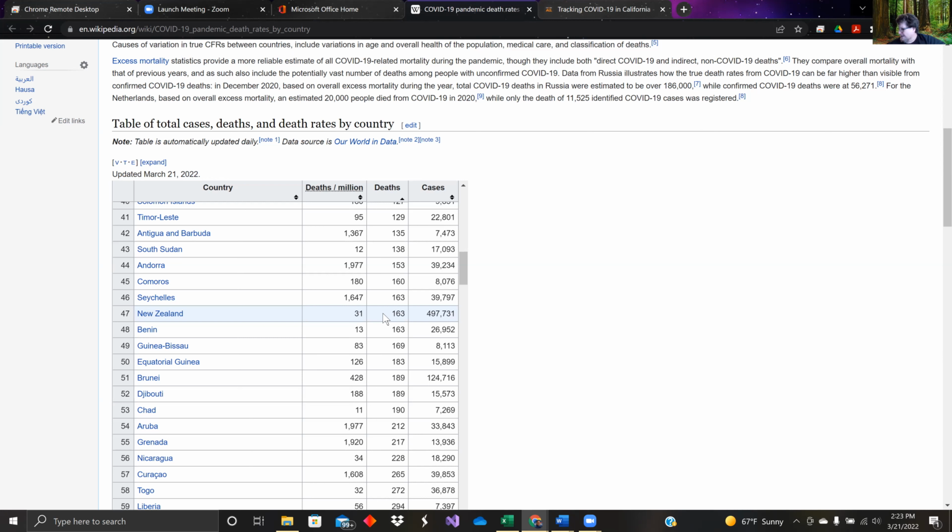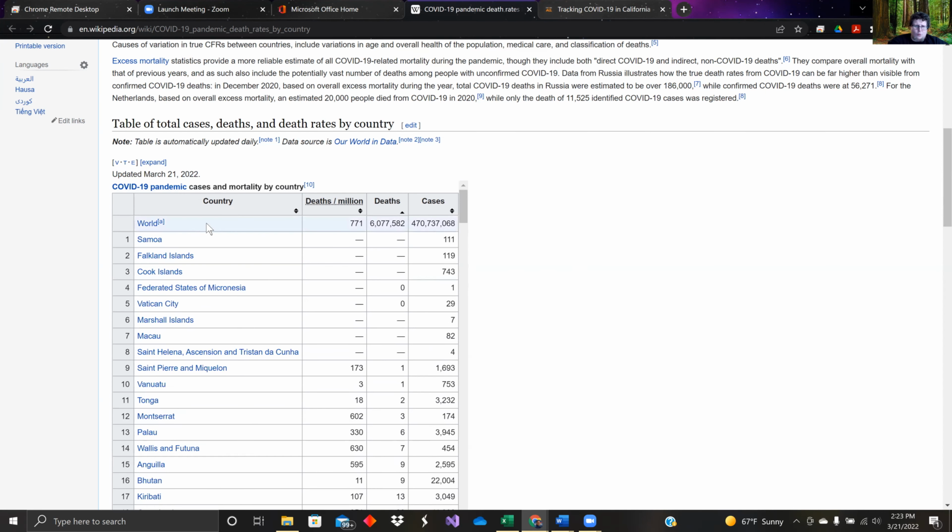So in terms of a percentage, New Zealand is at 0.03%. California was at 1.03%. Are either of us matching the global rate? They've got the world rate up here. So we can take a look at the world, as if we collected all the data throughout the world.